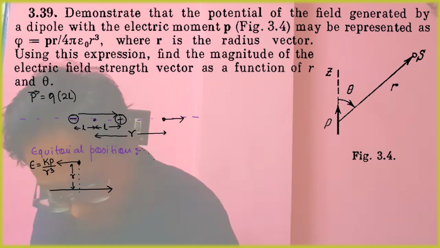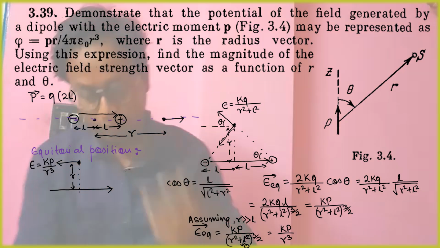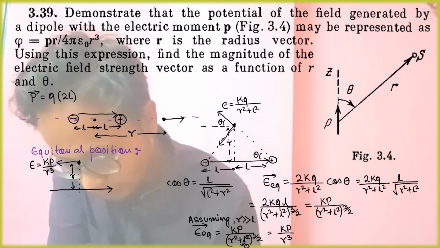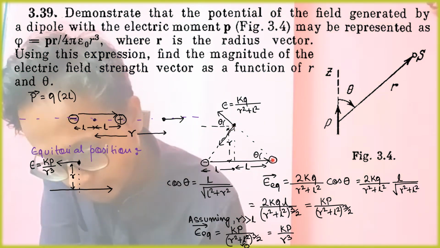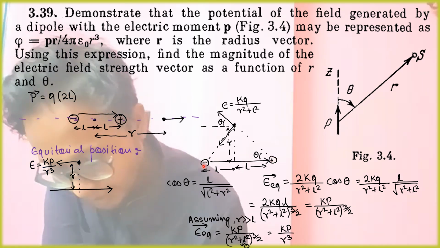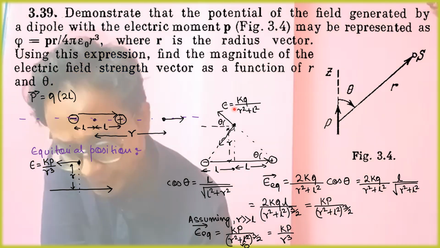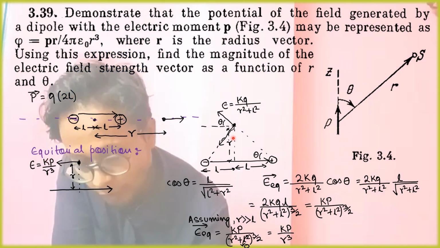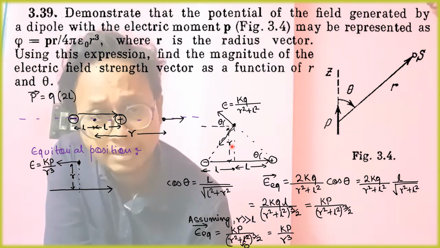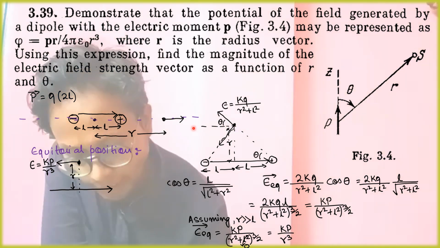I'll just briefly do the derivation. To find the electric field out here, the electric field due to the positive charge would be along this line, and the electric field due to the negative charge would be along this line, isn't it? Now see, the y component of the electric field would get cancelled. The only thing remaining would be the electric field along the x component, along this line.